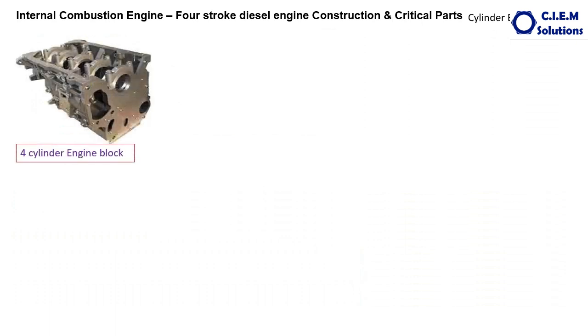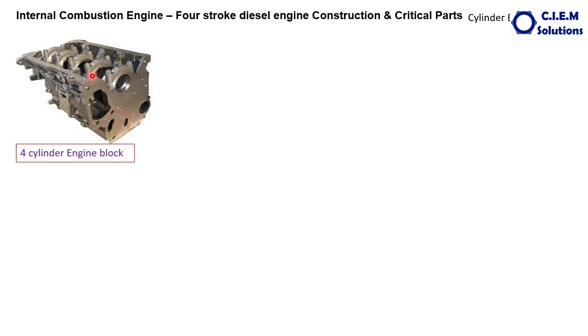When it comes to the size and type of the engines, you can see some of the engine blocks. We can see right from single cylinder engine up to 16 cylinder engine in the diesel engines. This is the four cylinder engine. This is the bottom side of the engine block.